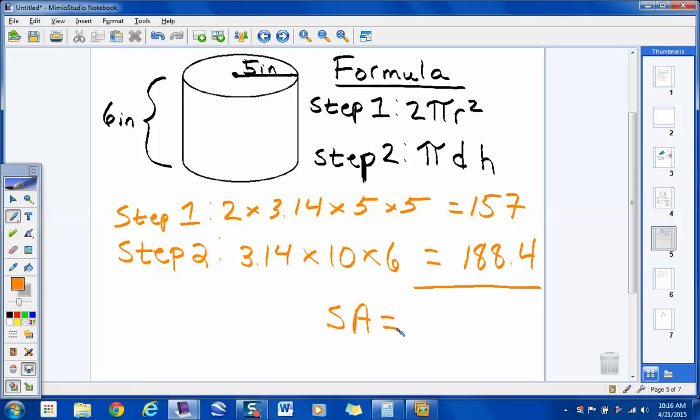Is that what you're getting? 345.4. Again, we measured everything in inches, so as we're dealing with area, what kind of unit is attached? Square inches, right?